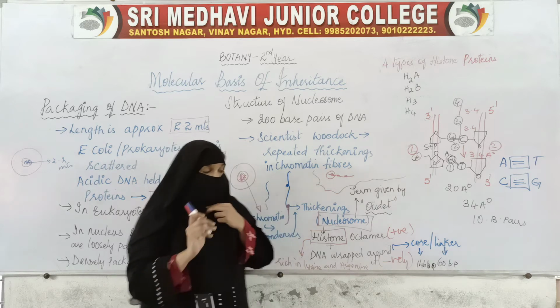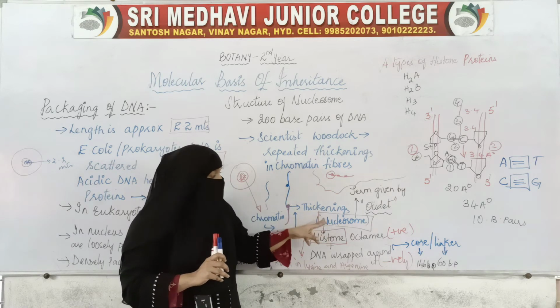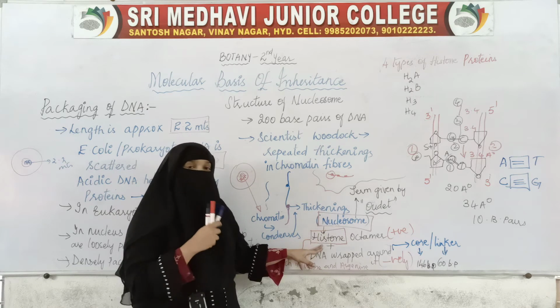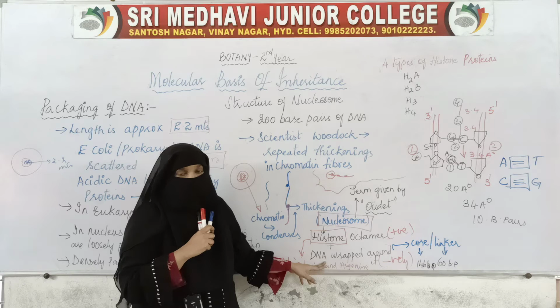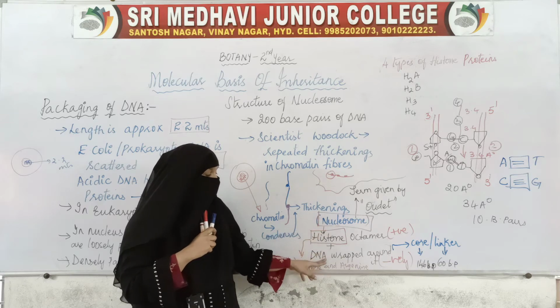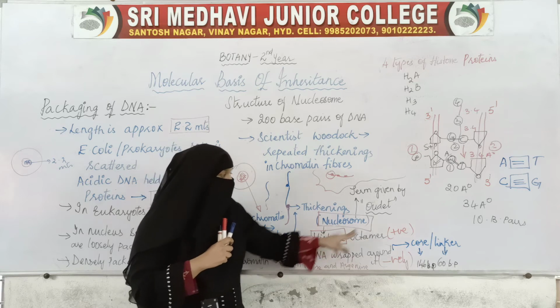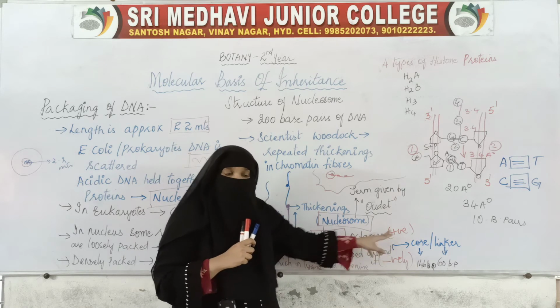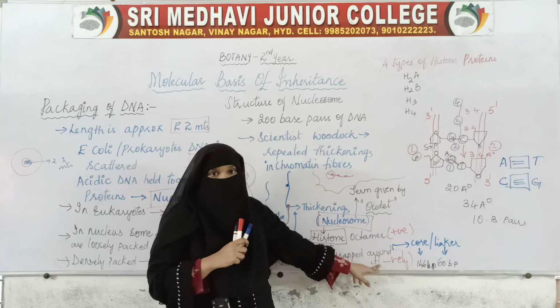Basically you just see here, this thickening is nothing but the nucleosome. This nucleosome is made up of histone proteins plus DNA. These histone proteins are positively charged, whereas DNA is slightly negatively charged.